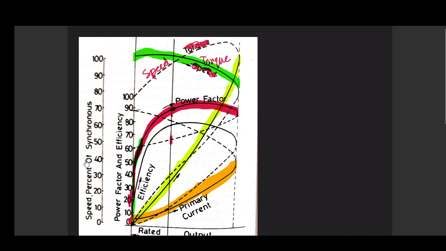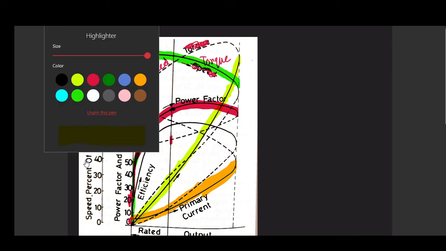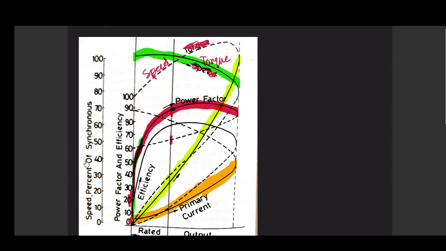Now, another thing about efficiency is that you can also see we have a stable region and an unstable region. Here is that: this is the stable region and this is the unstable region. Clearly, this is the beauty of any physical system.